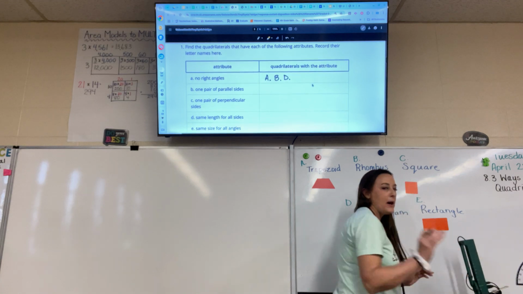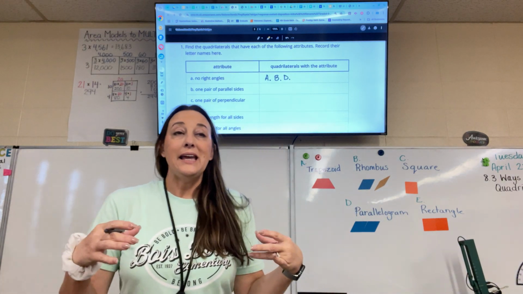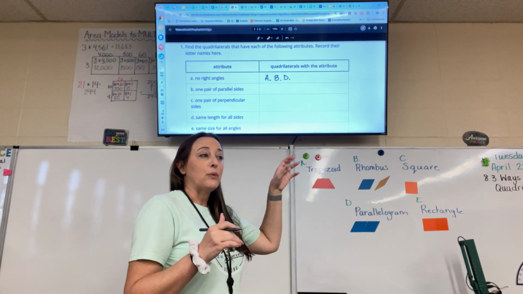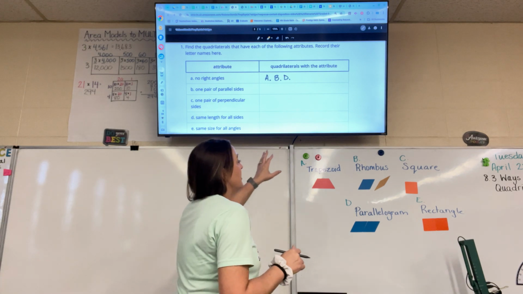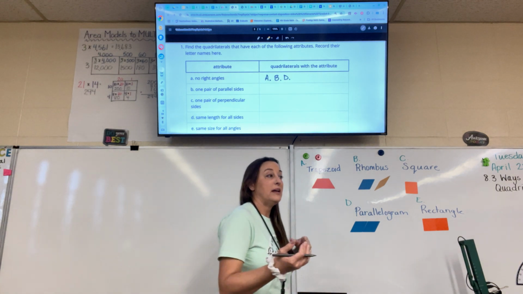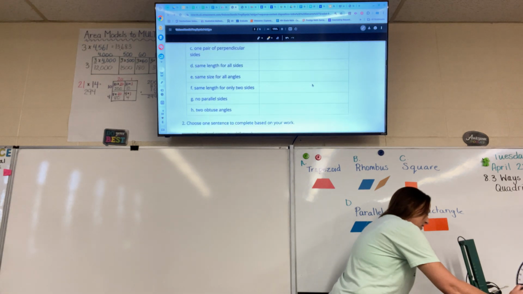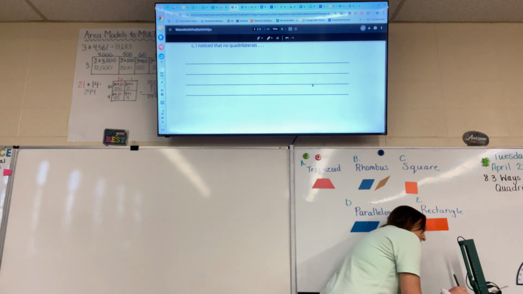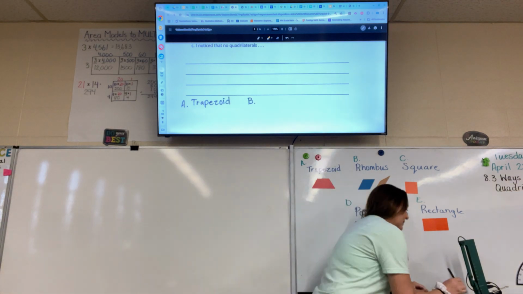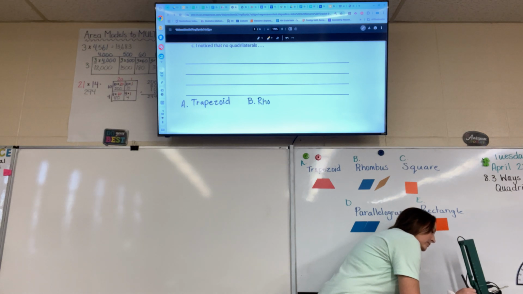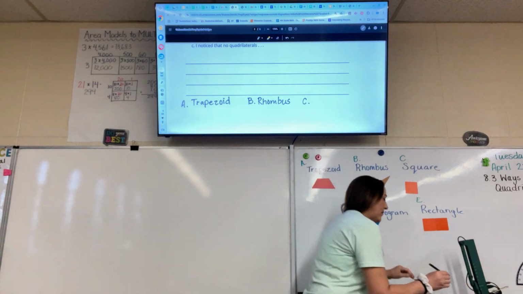Okay, down at the bottom of this page, we're going to make a little key so that we don't have to write the entire name of the shape every time, and we can just write the letters, because this is just on my board, so you've got to have it on your paper as well. At the very bottom, I want you to write A is a trapezoid, and write neatly so you can read it. B is a rhombus. C is a square.